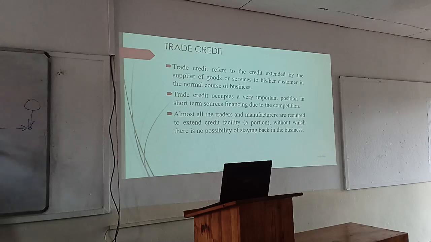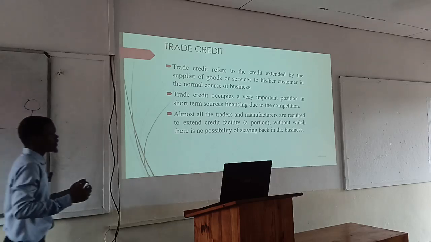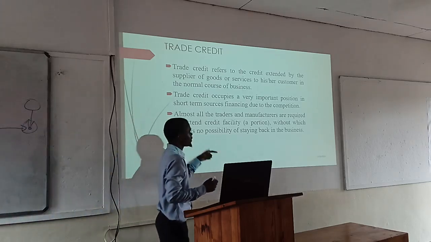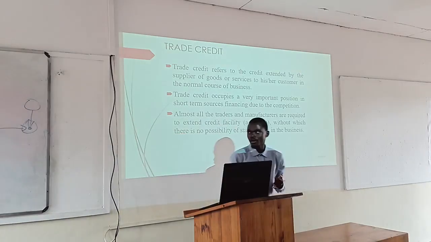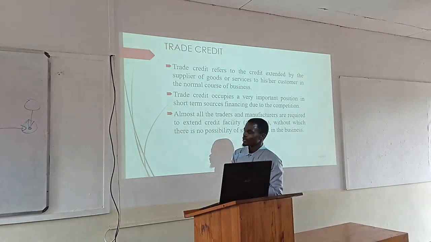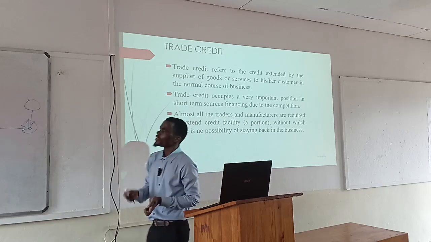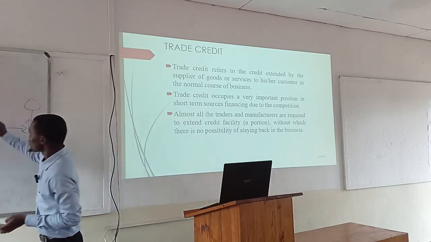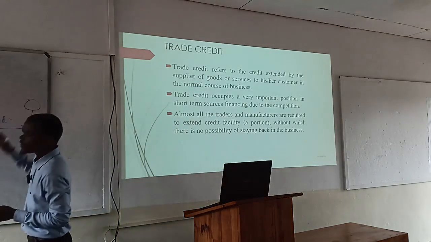But it's still accessing the products because they're offered on credit. So that's the trade credit. Although we don't have money, we are still accessing the products offered on credit. It means we are being financed by other organizations' products by not making immediate payments. So this process is called a trade credit.